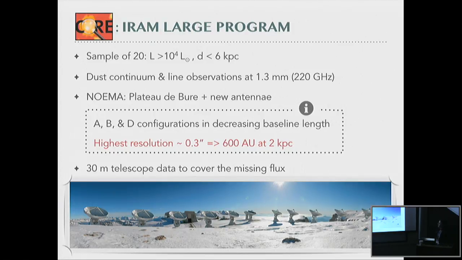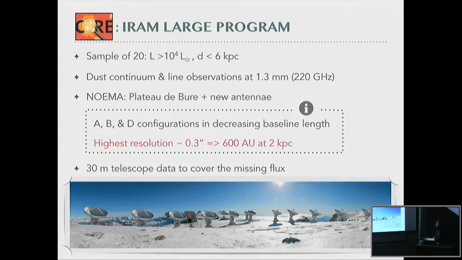We did multi-scale observations with the NOEMA interferometer, which is an updated Plateau de Bure interferometer. They're basically adding about 6 antennas to Plateau de Bure, and it's called NOEMA. We observed in 3 different configurations, A, B, and D. The D configuration is the most compact, and the A is the most extended.